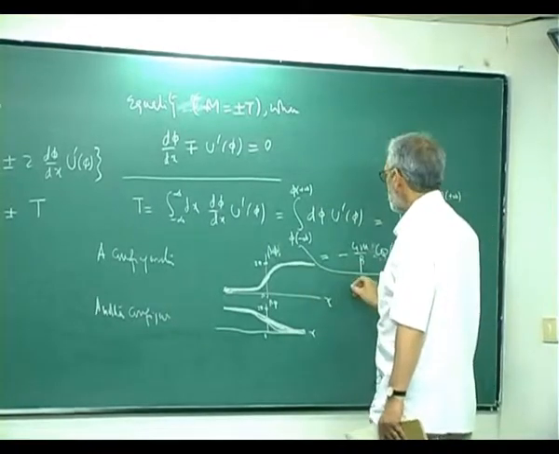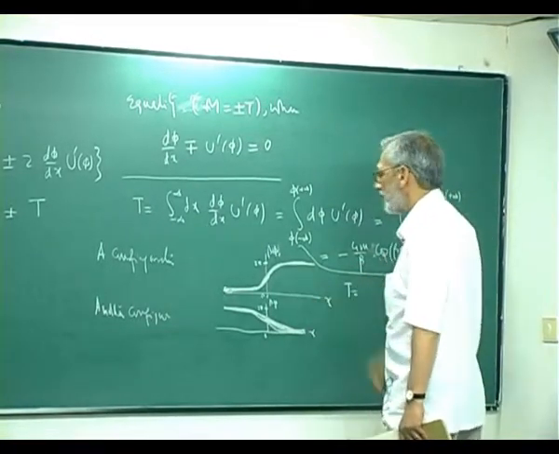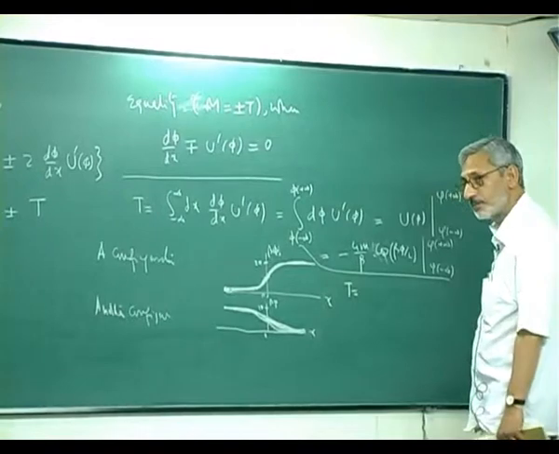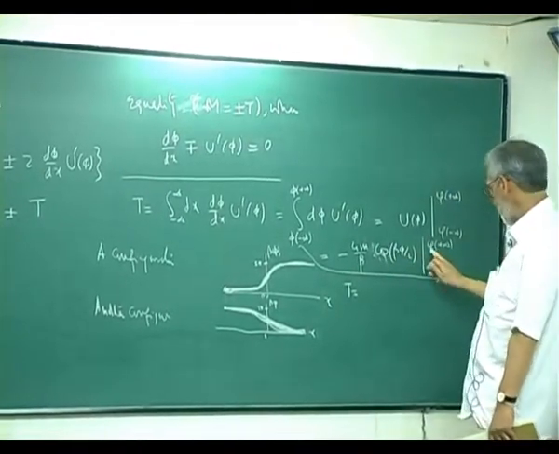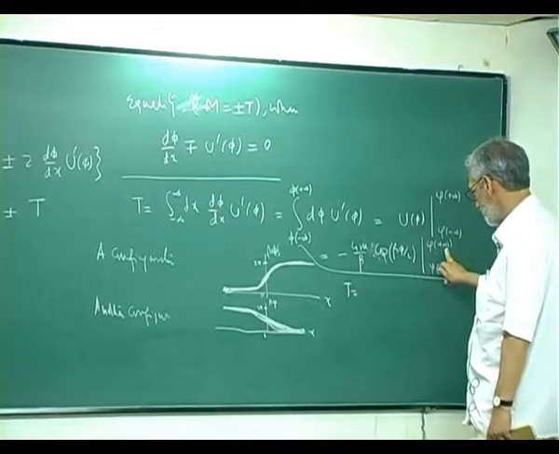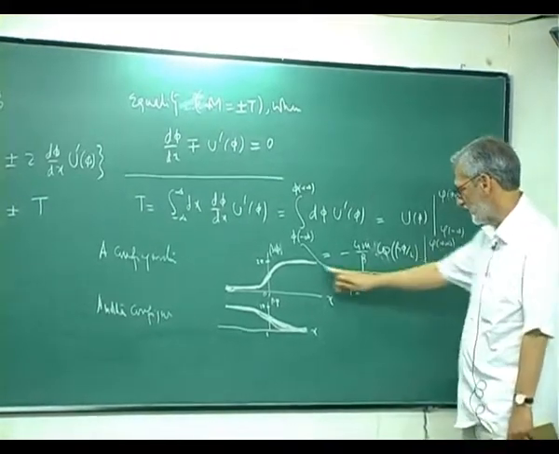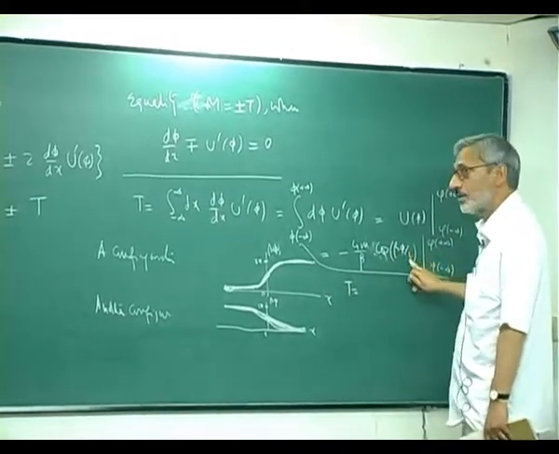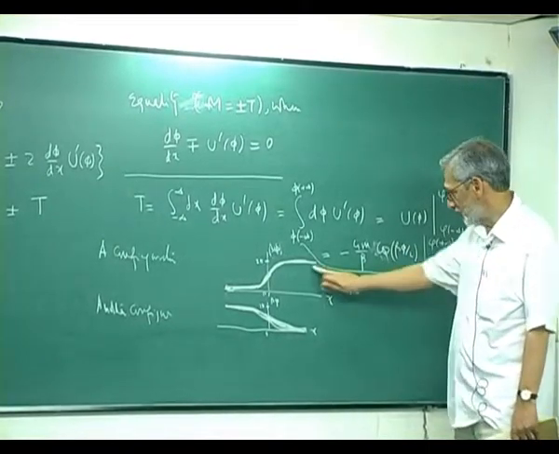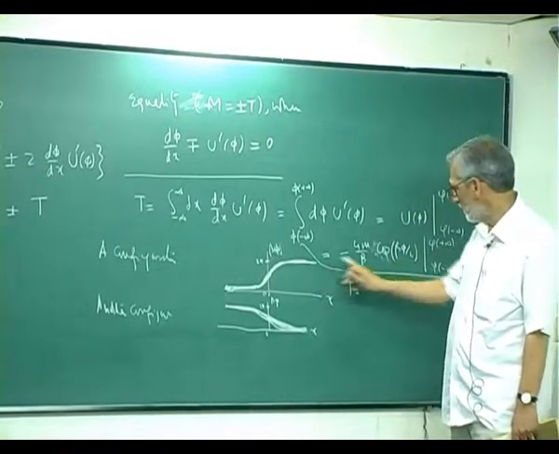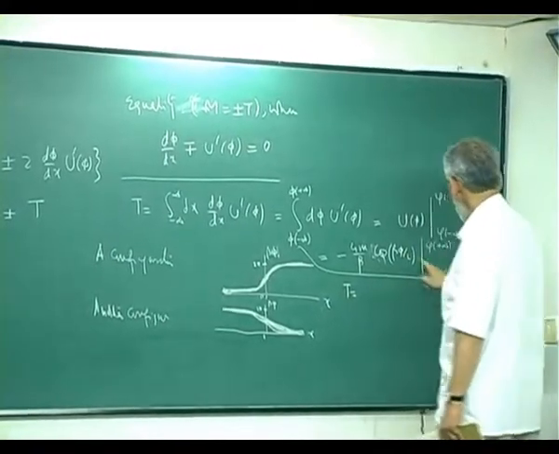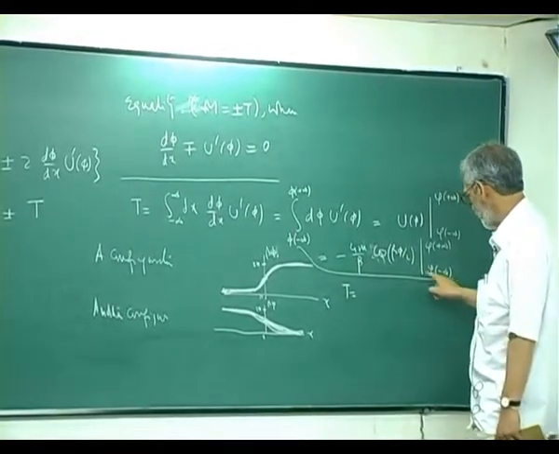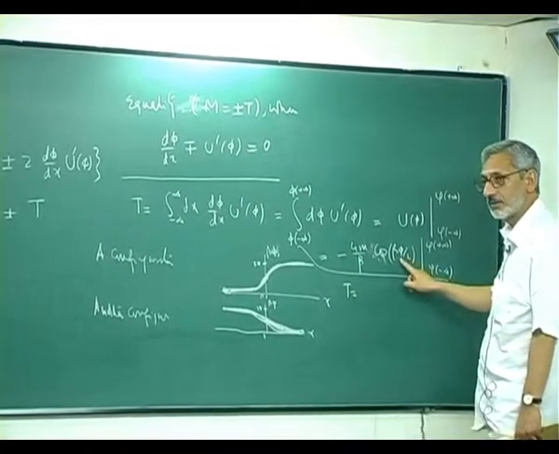Now if I calculate this T object for this configuration, it gives me this object at plus infinity. Beta phi at plus infinity is 2 pi, which means beta phi by 2 at plus infinity is pi, so cosine of pi, minus cosine of phi at minus infinity, which is 0.